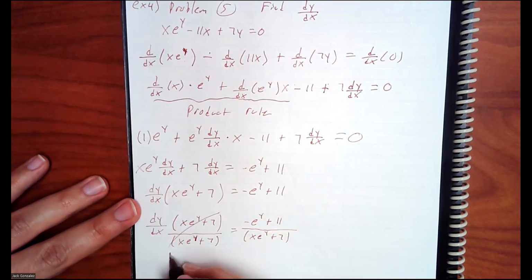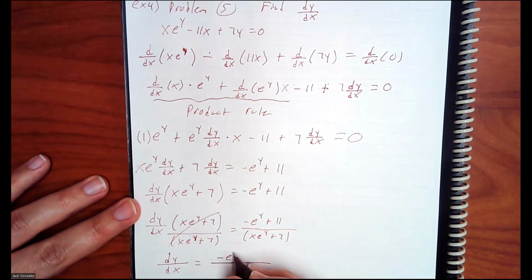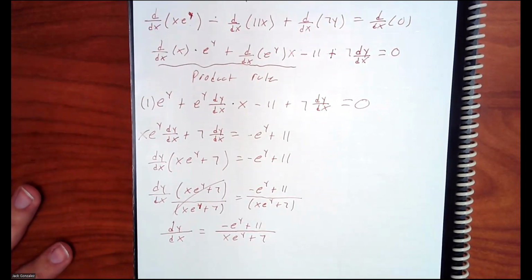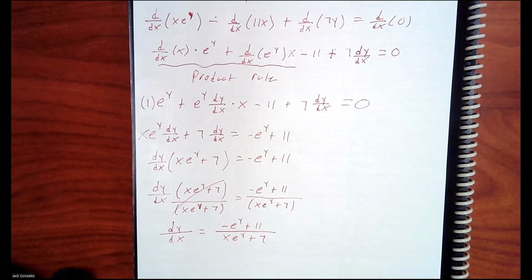This is gone. So dy/dx is equal to this. That's where you'll get tempted to try and take out the 8.